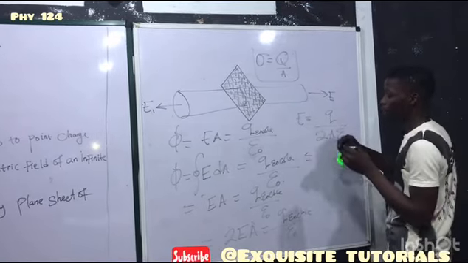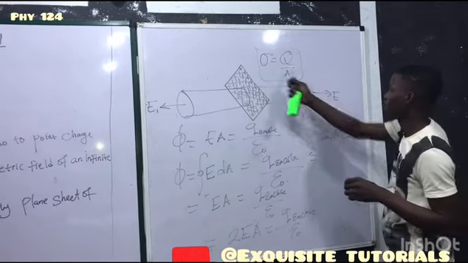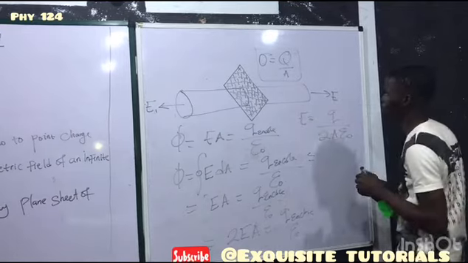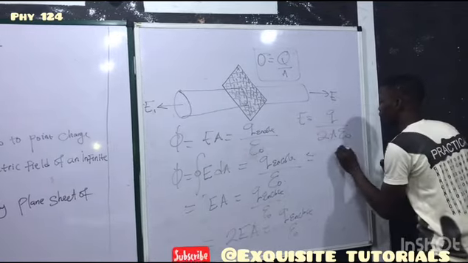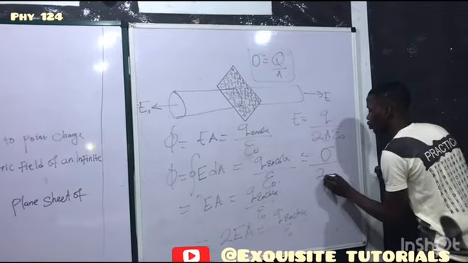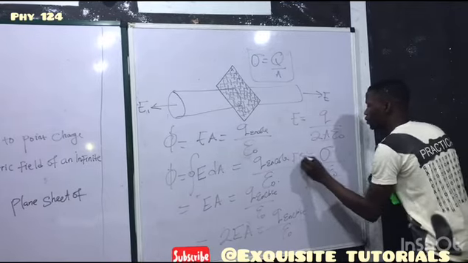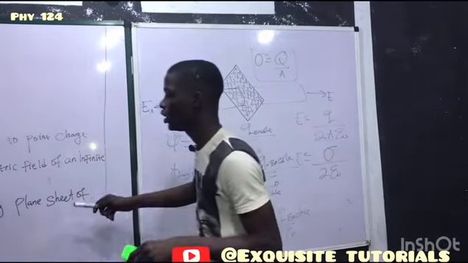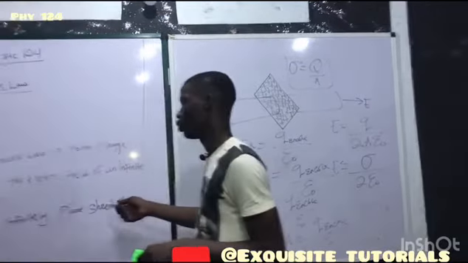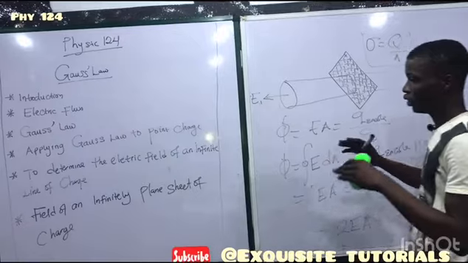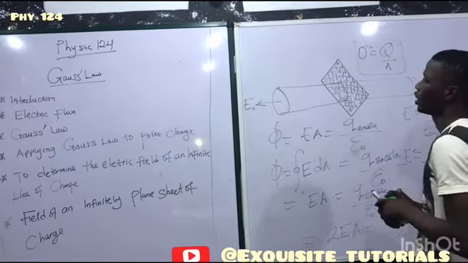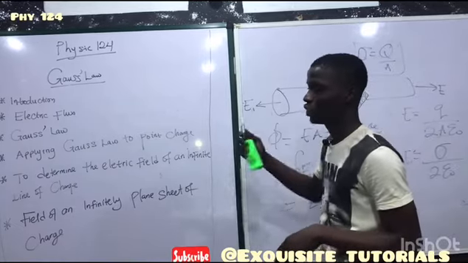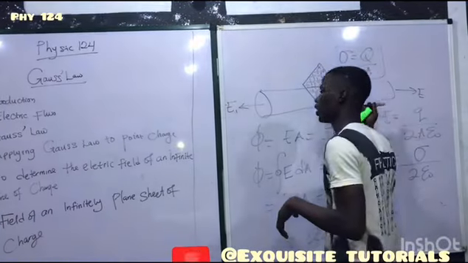So if we are now introducing our surface density here, and our surface density is equal to Q, whether big Q or small q, Q over A, it will now be sigma all over 2 permittivity. So this is the standard derivation for determining the electric field intensity of an infinite plane sheet of charge, and that for the one of the infinite line of charge, like the long wire we did just now.